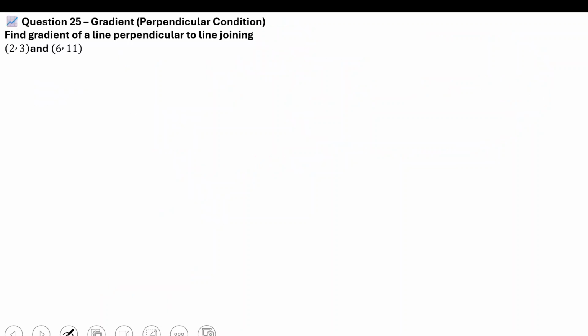Find the gradient of a line perpendicular to the line joining 2, 3 and 6, 11. So find the gradient of a line perpendicular to this line. If this is the line I'm looking at, 2, 3 and 6, 11, understand?